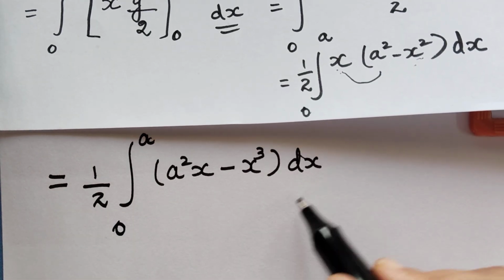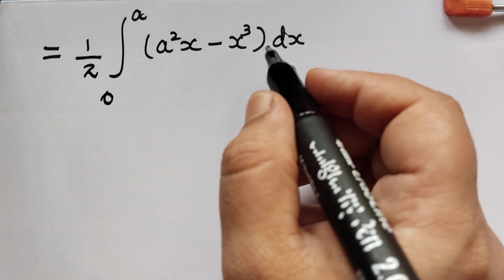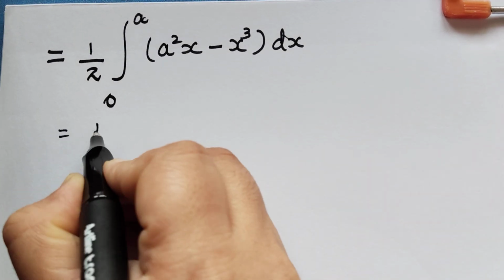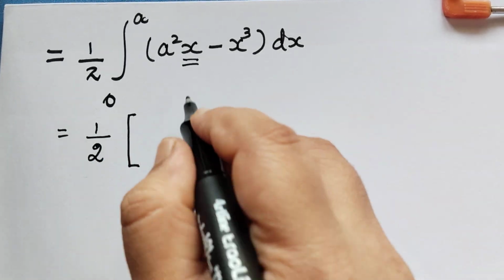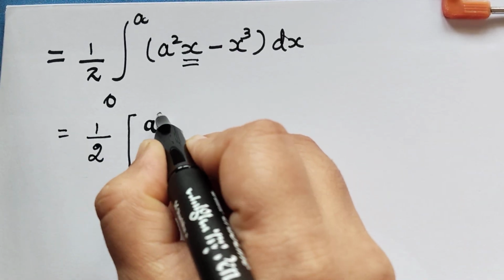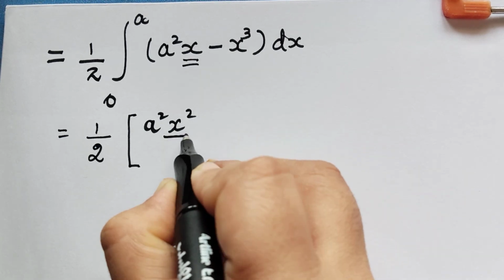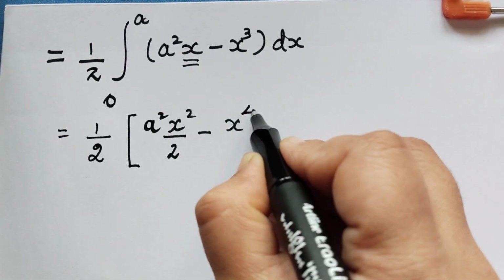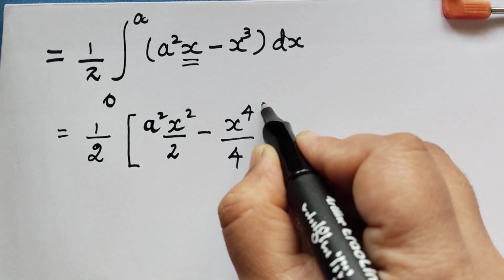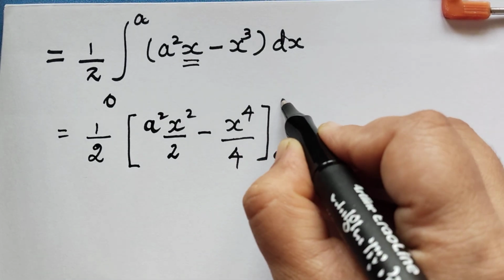Now we shall integrate this with respect to x. So this will be equal to 1 by 2. When x is integrated, it becomes x squared by 2, so a squared x squared divided by 2, minus x cube, which when integrated gives x power 4 divided by 4, between the limits 0 and a.